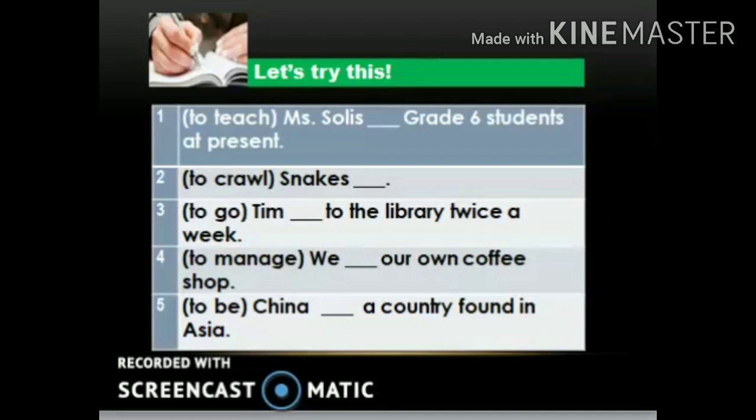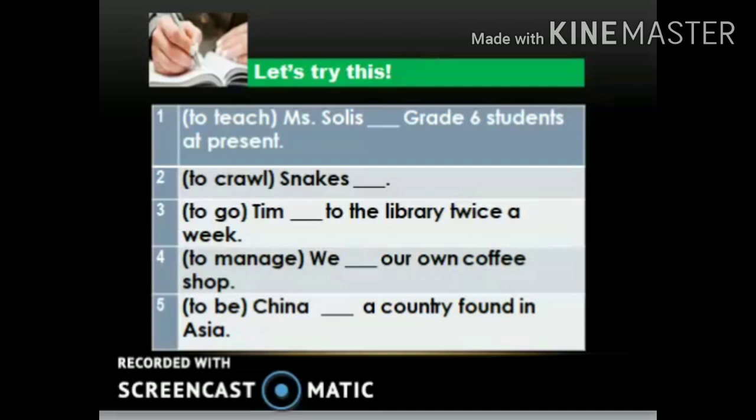The correct sentence is snakes crawl. Let's have number 3. Tim blank to the library twice a week. The answer is goes. The correct sentence is Tim goes to the library twice a week.